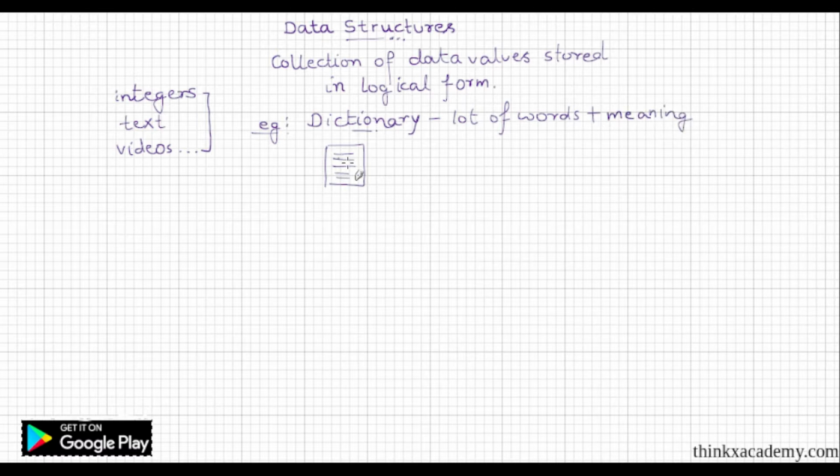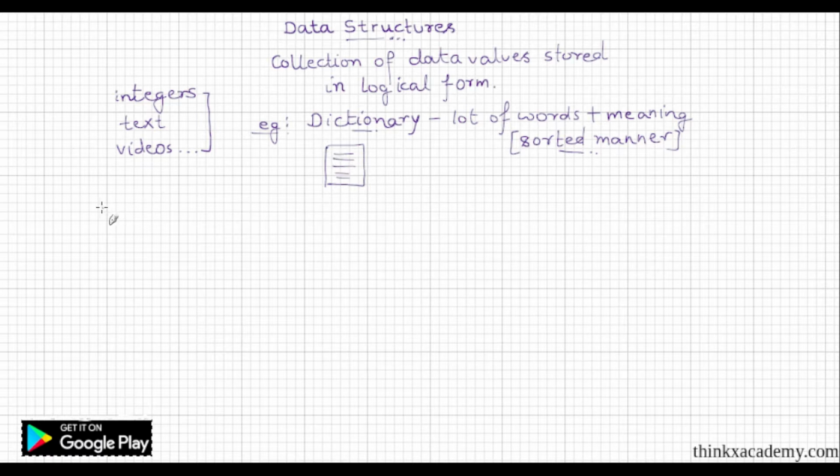Whenever we want to access a particular word, we can access it very easily because a dictionary stores words in a sorted manner. So you can think of a dictionary as a type of data structure which stores words and their meanings in a sorted manner. In this way, you will be able to search the word in the dictionary.